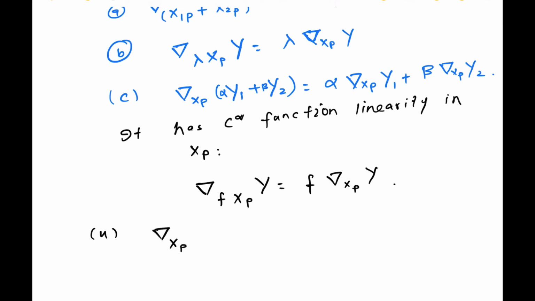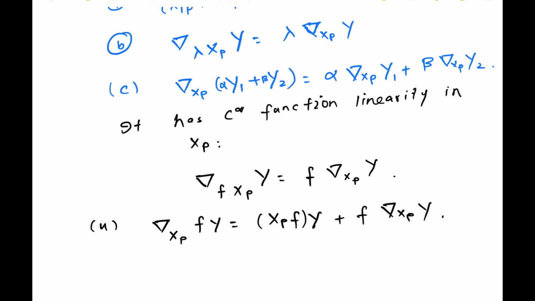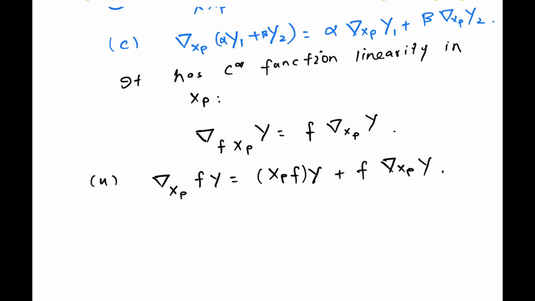So if you have this type of situation, f y, then this will become (xp f) y plus f del xp y. So these are some properties. Similarly, the fifth property is this. You can very easily verify all these properties. This is a very simple exercise.